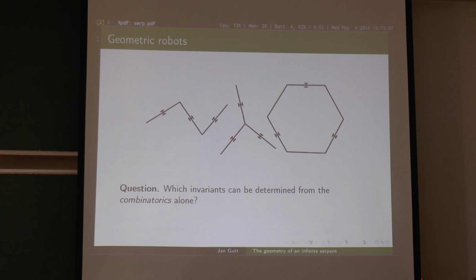Yeah. So the question is, which invariance of the constraint distributions could be, I wrote determined, but what I mean is explicitly deduced just from the combinatorics of such a graph. So say that I see that the last one is some cycle of length 6, it has wheels exactly at every second segment, otherwise, by the way, it wouldn't be able to move in any reasonable way, except for turning.